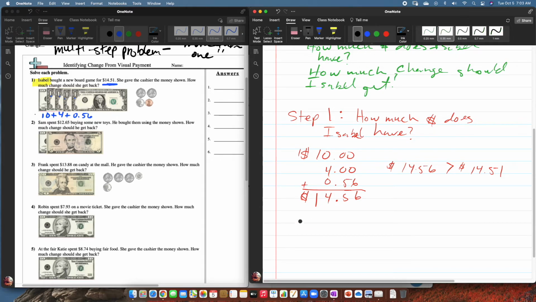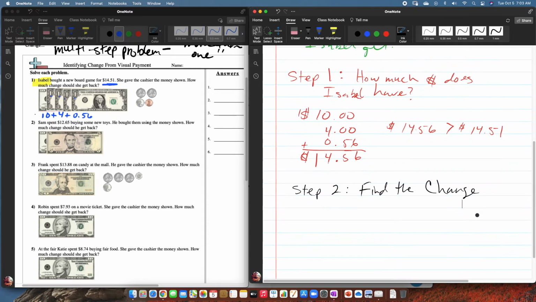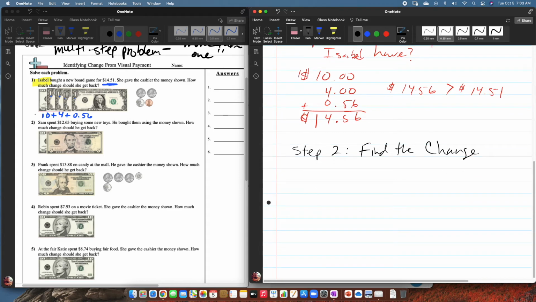So we know that she is going to afford this, which now is going to lead us to step number 2. Step 2, which is find the change. And since we're trying to figure out the change, we are going to use subtraction.